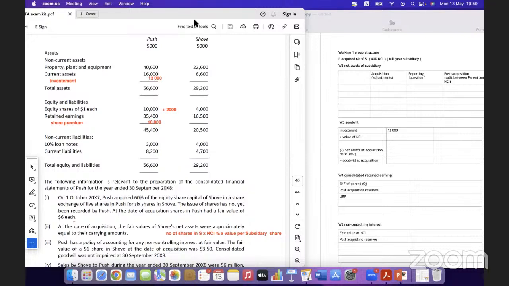Okay, right. Wait, let me quickly check that answer. Correct. That's the correct answer. Right. Good. Others also, little bit try to use this equation and find the answer for the fair value of NCI.